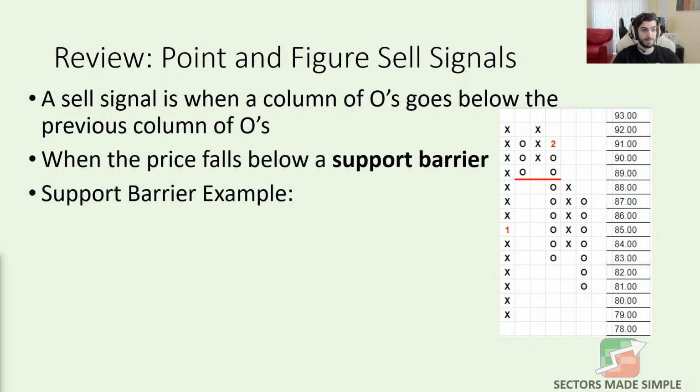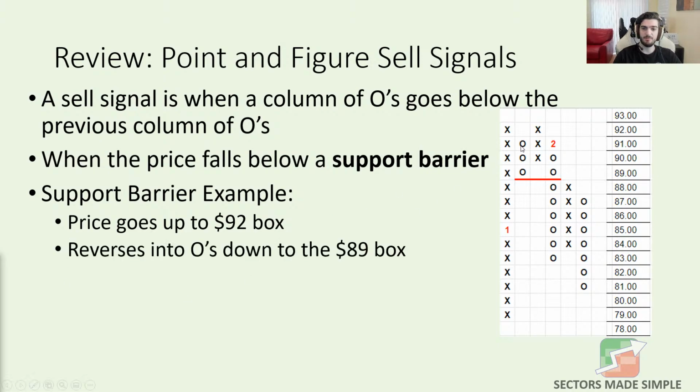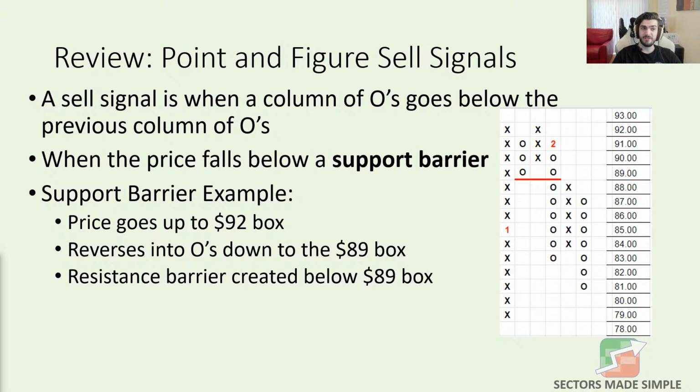To show an example of this, let's use the chart right down here. In the column on the far left, it goes up to $92, then goes down to below $89, which gives us that 3-box reversal. But it doesn't stay there for long.